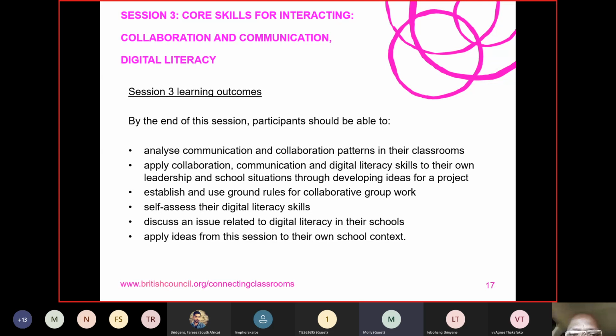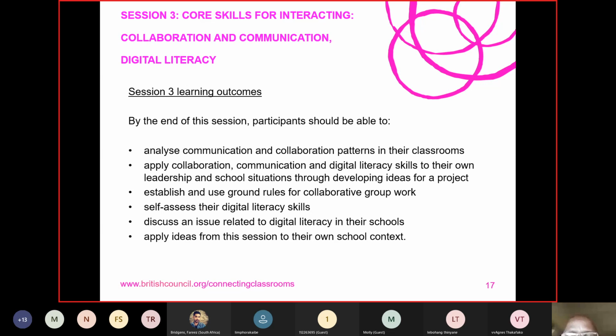Yes, please. Thank you. By the end of this session, participants should be able to: 1, analyze communication and collaboration patterns in their classrooms. 2, apply collaboration, communication, and digital literacy skills to their own leadership and school situations through developing ideas for a project. 3, establish and use ground rules for collaborative group work. 4, self-assess their digital literacy skills. 5, discuss an issue related to digital literacy in their schools.